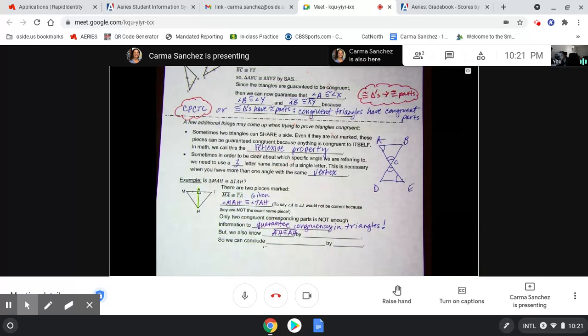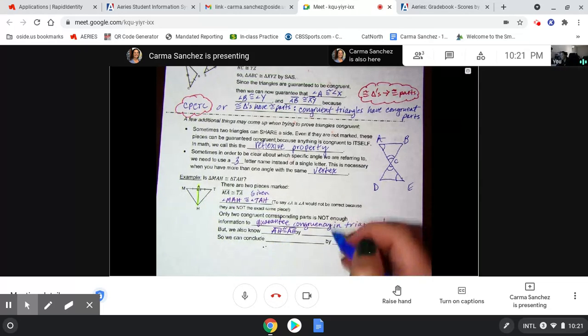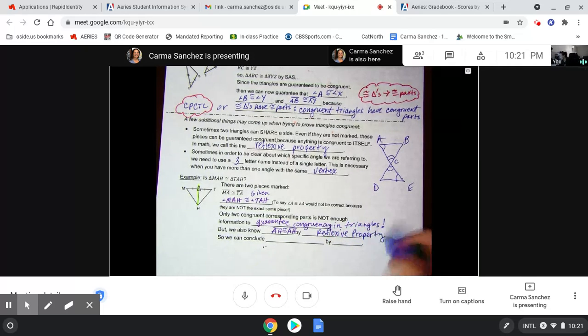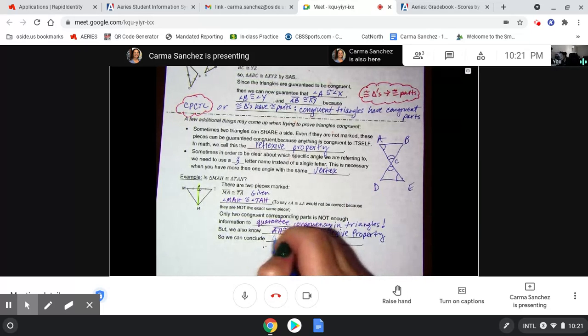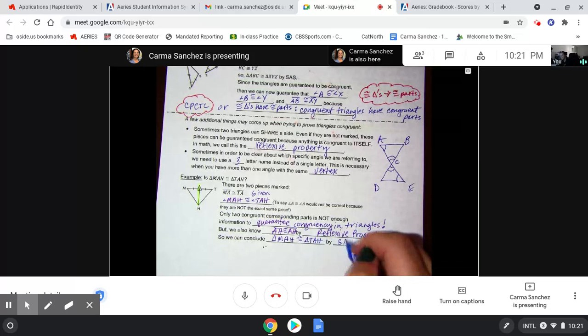Isn't that same side going to be the same length? It's the same, it's itself. So AH is congruent to AH by the reflexive property. So we can conclude that triangle MAH is congruent to triangle TAH by side angle side.